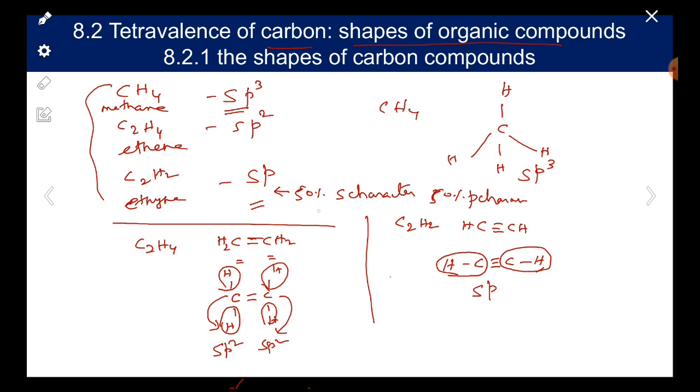For ethane, this means that when we compare with the other two molecules, this has more electronegativity, because here the percentage of S character is lesser. It's like 1 is to 3 in this case, and here it is 1 is to 2, but in this case it is 1 is to 1.